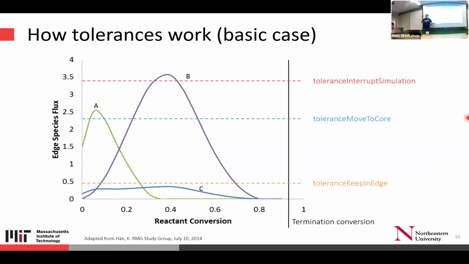So it's like, maybe we'll use C, and so it's not confident enough to say we can definitely prune this out. Whereas if you set the tolerance interrupt really high, then it'll get to the end of the simulation and it'll remember that because B was higher than move to core, it'll be like, okay, I had to add B, but I also know that I never used C, and so I can get rid of it.